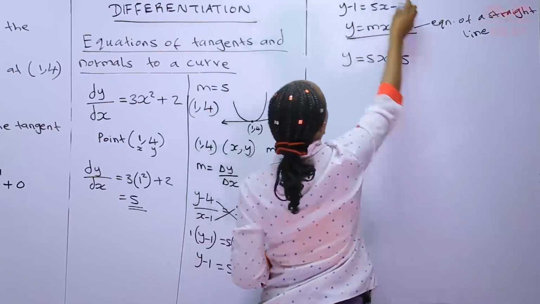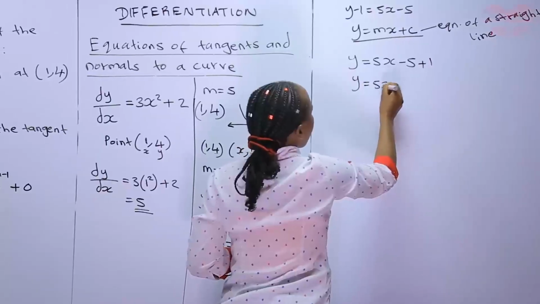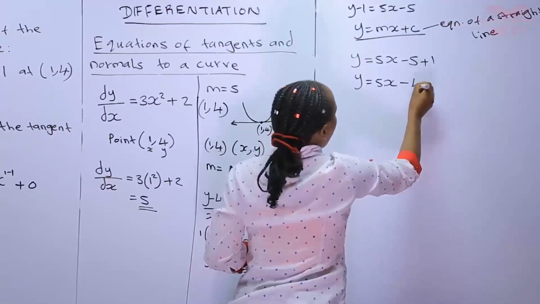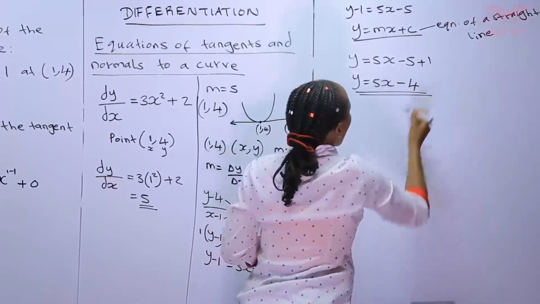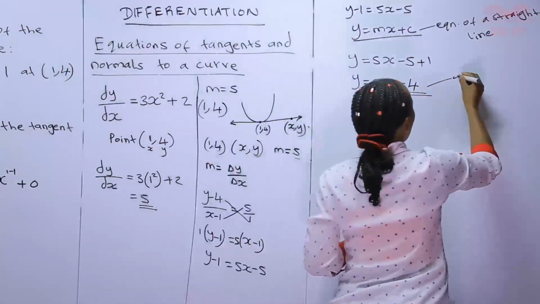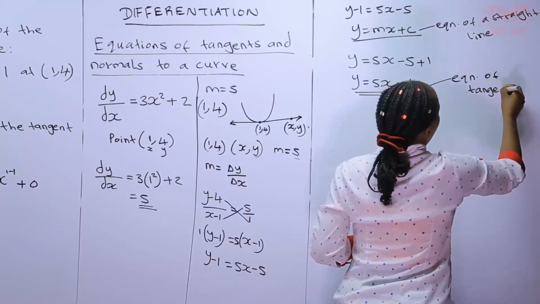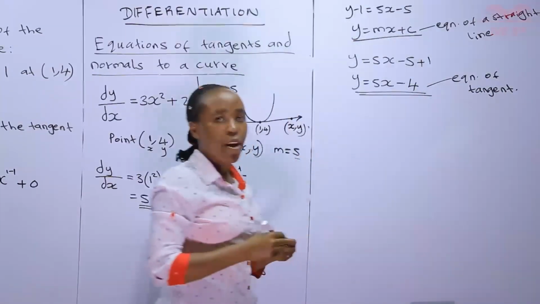Then we take 4 to the other side, we have plus 4. So y is equal to 5x then minus 1. And this is the equation of the tangent at the point (1, 4).